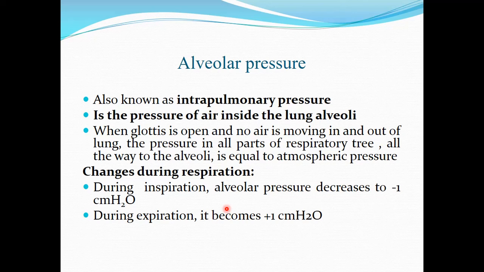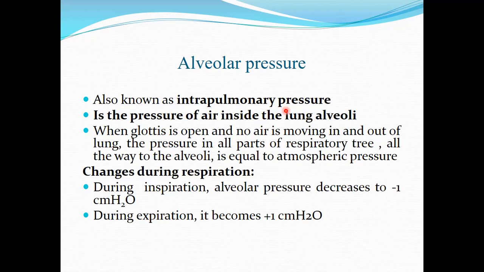Next topic is alveolar pressure. Alveolar pressure is the pressure of air inside the lung alveoli. It is also known as intraalveolar or intrapulmonary pressure, that is pressure within the lungs.